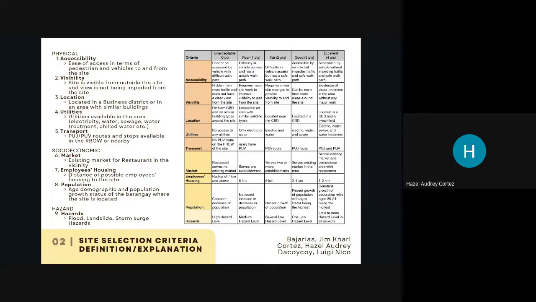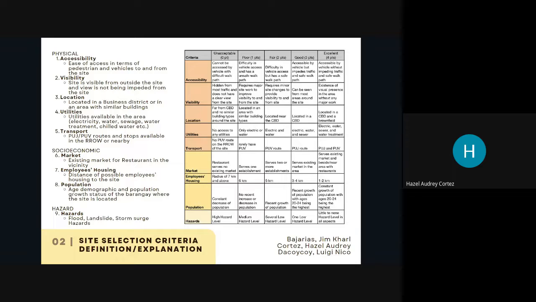For physical, we have accessibility, just for ease of access for pedestrians and vehicles to and from the site, and visibility, so that nothing is impeding the view to and from the site. And third is location. It's preferred that it is in a CBD, Central Business District, or in a brownfield area.